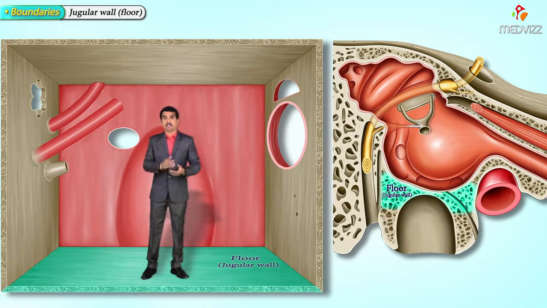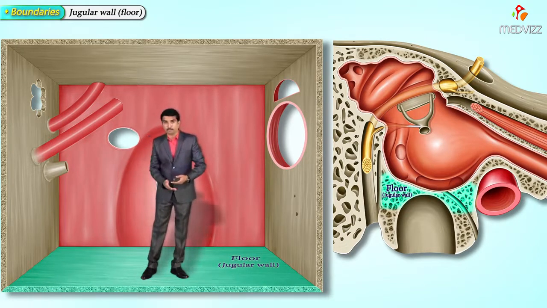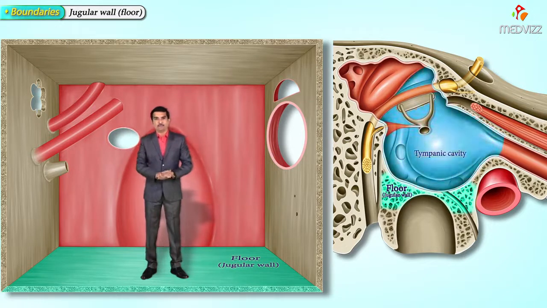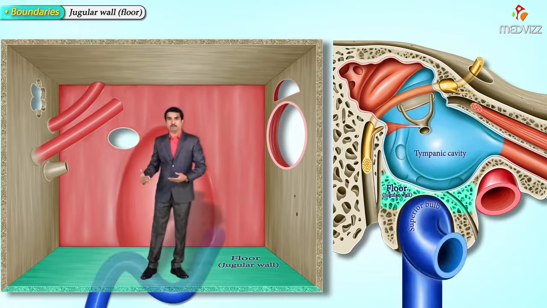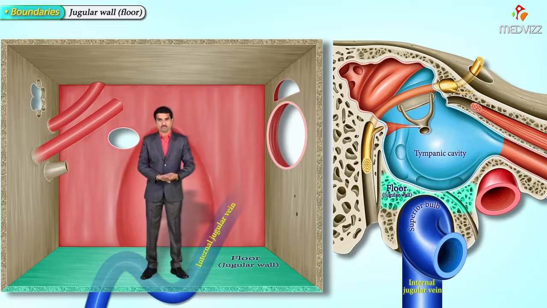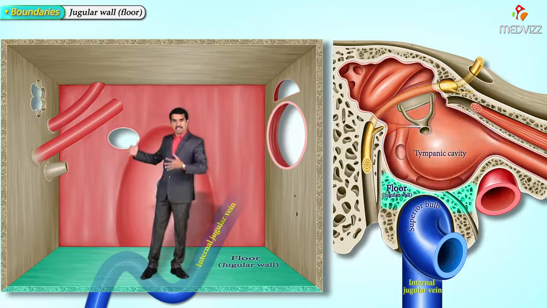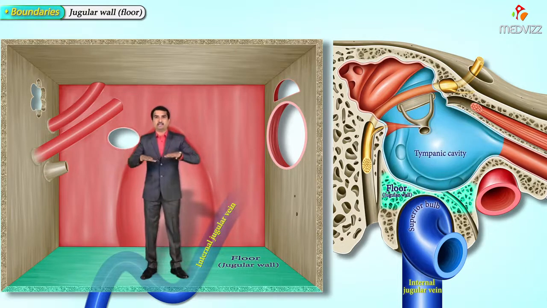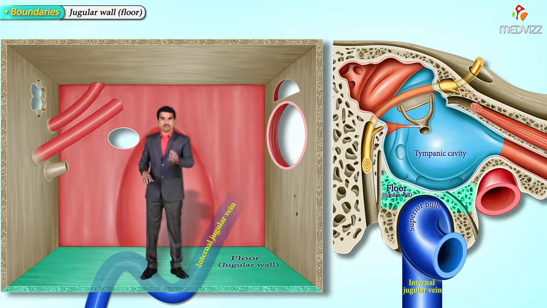We can see very clearly here a thin layer of bone which separates this tympanic cavity from the superior bulb of the internal jugular vein, which means the internal jugular vein and the tympanic cavity, that is the middle ear cavity, are separated by a thin layer of bone called the jugular wall. So this is the roof as well as the floor of the middle ear cavity.